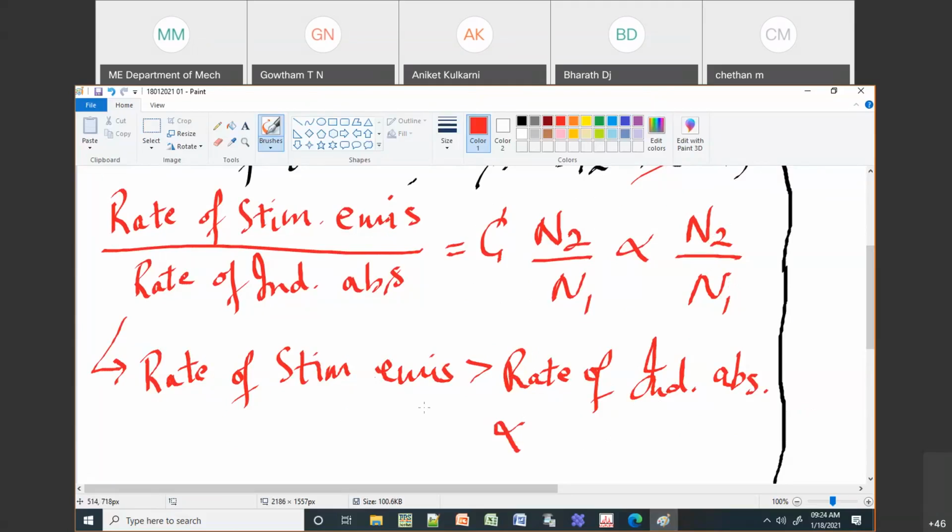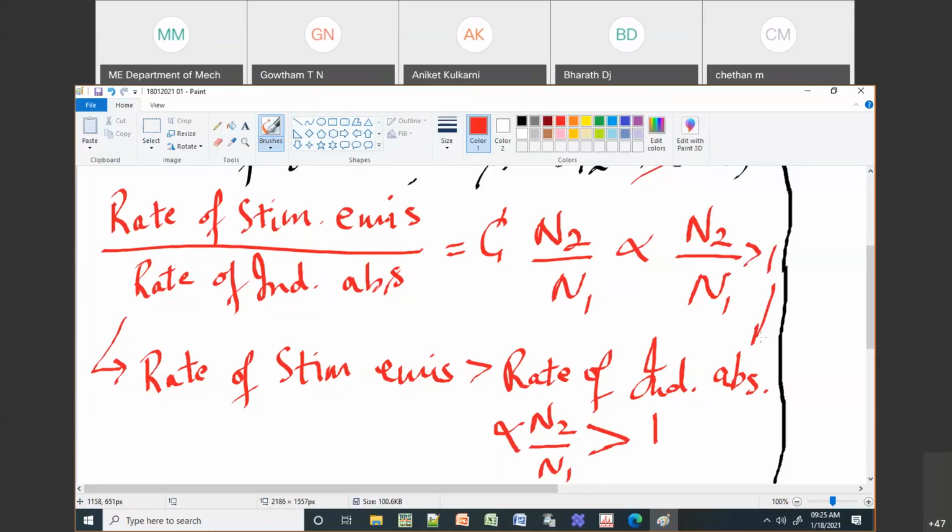So what is the condition here? N2 is greater than N1, so N2 by N1 should be greater than 1. Only in that case is this greater than 1.